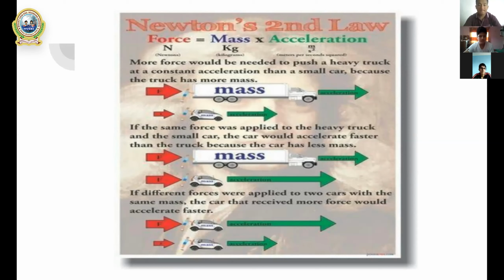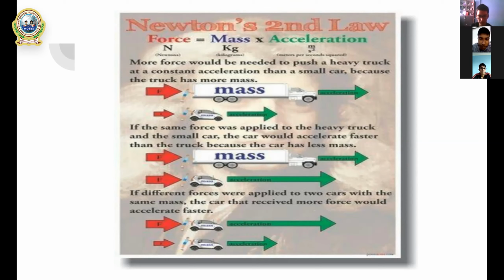The relation is that the acceleration is inversely proportional to the mass. If we keep the magnitude of force constant, that means you are applying the same amount of force for moving the truck and for moving the car. That amount of force may be enough to move the car, but it may not be enough for moving the truck.